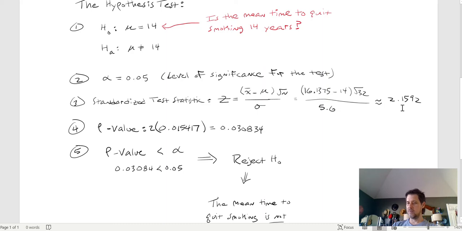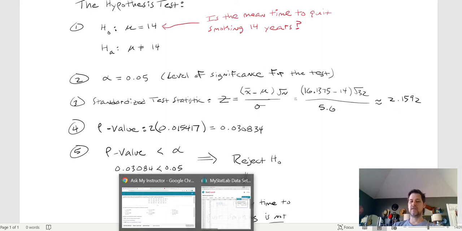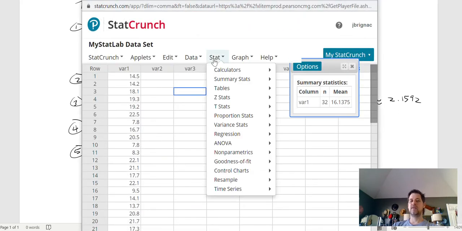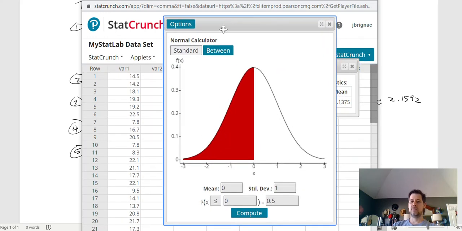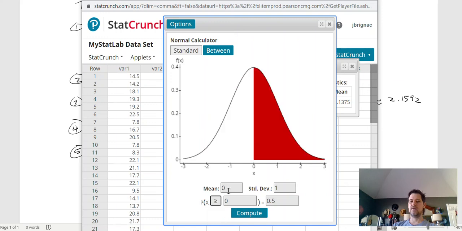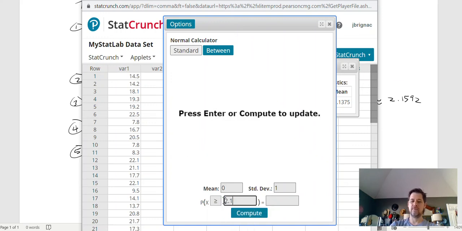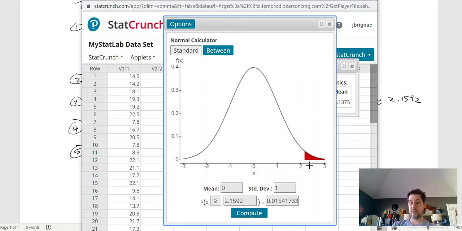So I got 2.1592. Let's go over to StatCrunch. So I open my calculator for my standard normal like this, and I want to find out what is the area in the curve that is to the right of 2.1592. Okay, and there it is.